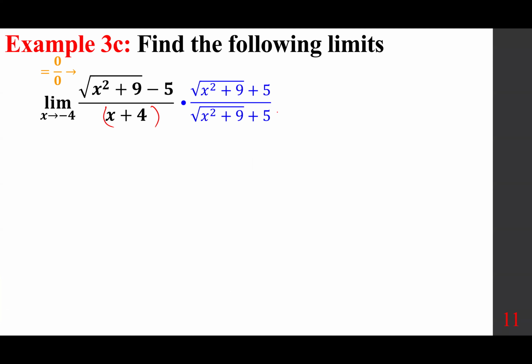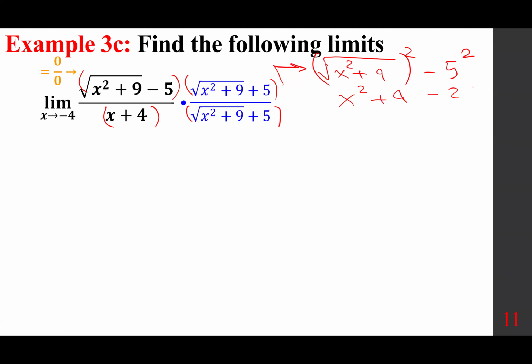We keep the bottom as a product. The top becomes square root of x squared plus 9, quantity squared minus 5 squared, which becomes x squared plus 9 minus 25.